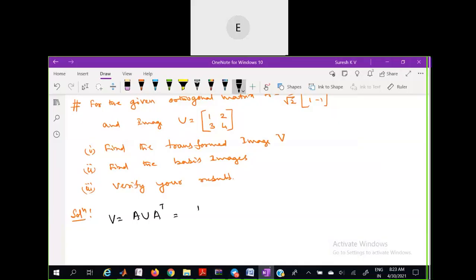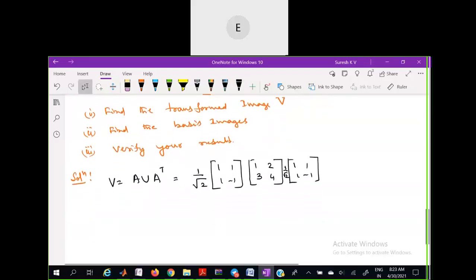Now here A is 1 by root 2 times 1 1 1 minus 1. U is 1, 2, 3, 4. And A transpose is, in fact, here this is a symmetric matrix, so transpose is itself. Okay.